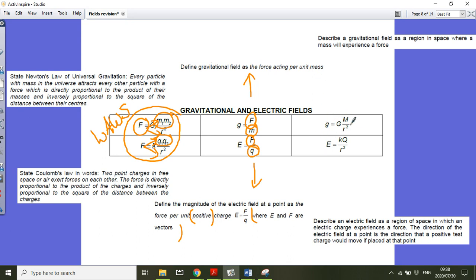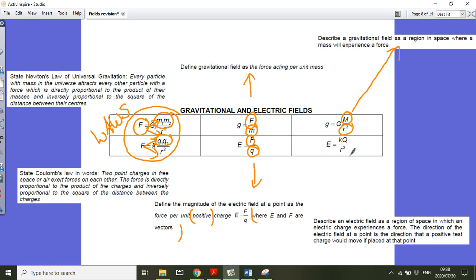Now here is the describing thing. So we know that mass M will have a field around it. So it's a region in space, and this tells me where that region ends. So the gravitational field at that point there, that's the distance between the mass and a certain point. It's the region in space where something, another mass, will experience a force.